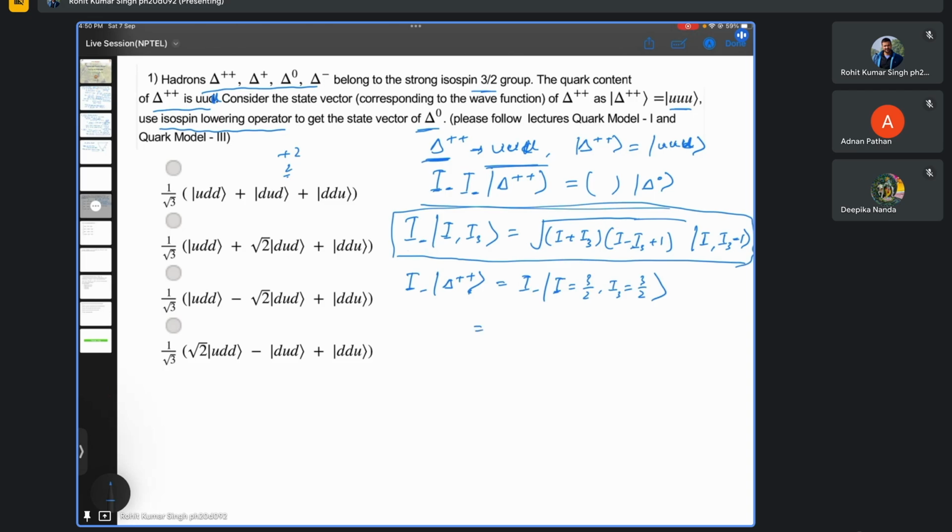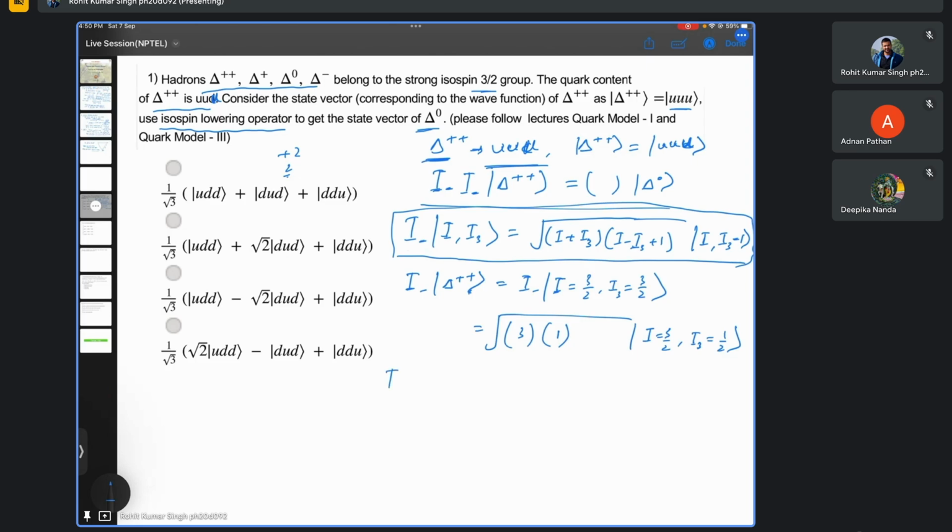And this will give you in the coefficient, so 3/2 is just 3, and then 3/2 minus 3/2 is 0, and then 1, and you will get I equal to 3/2 and I3 equal to half, right?